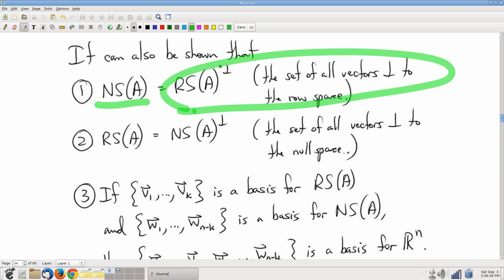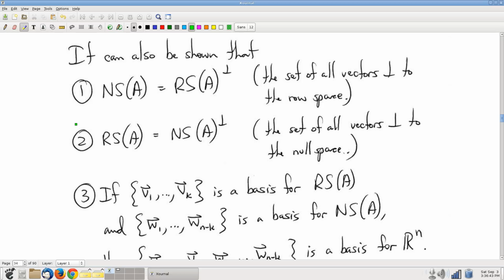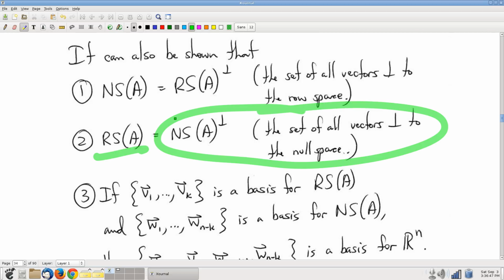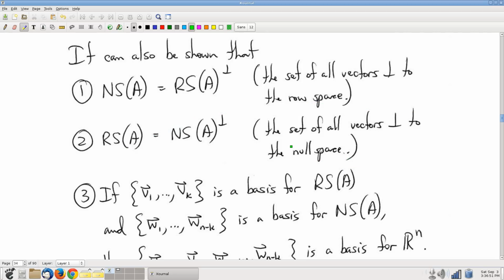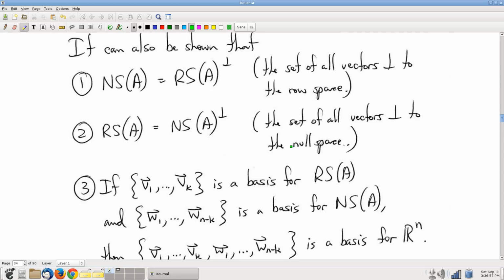Sometimes this is called the orthogonal complement of the row space in this case. Okay. And vice versa. The row space is the complete collection of all vectors that are perpendicular to the null space. Slightly stronger than the facts we just proved. A little bit of trouble to prove them, not so bad. We're just not going to spend time on them in Math216.